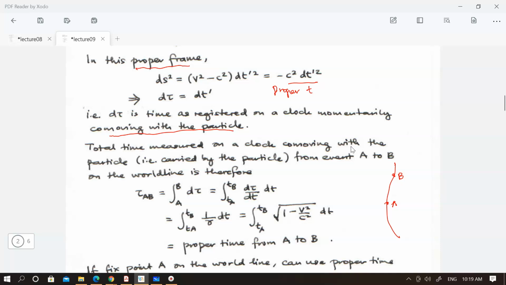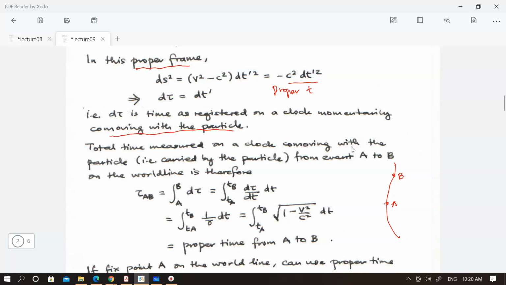But I can now retranslate this to any frame, because I can take your d tau here in terms of the chain rule. You get d tau over dt times dt, and d tau over dt is essentially 1 over gamma. You have seen this earlier. And I can rewrite this as the time measured by some frame.